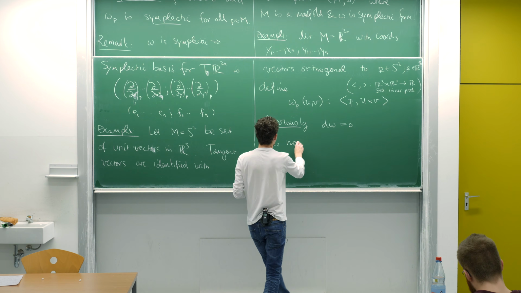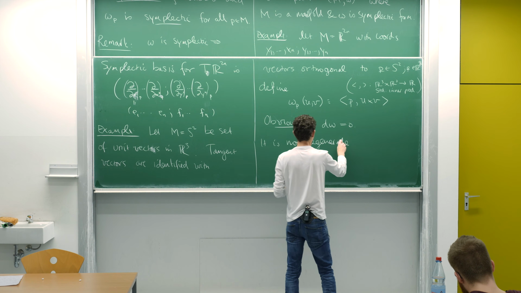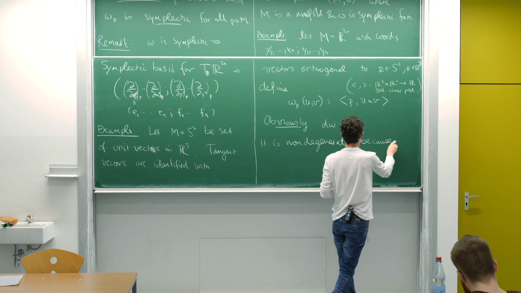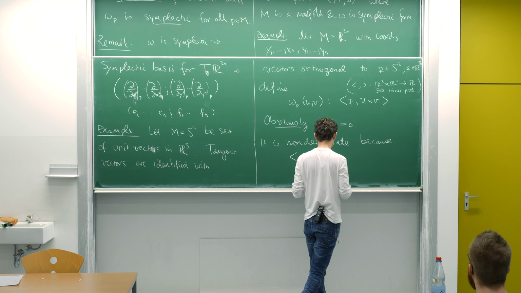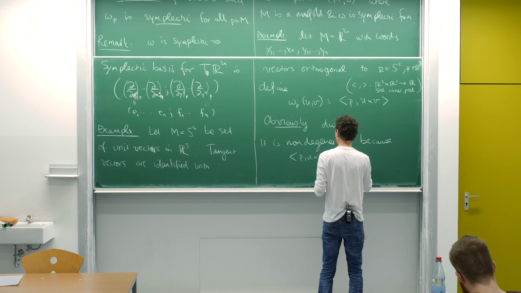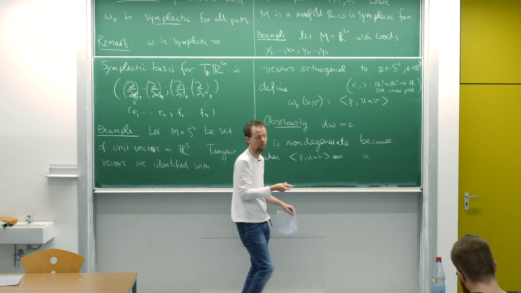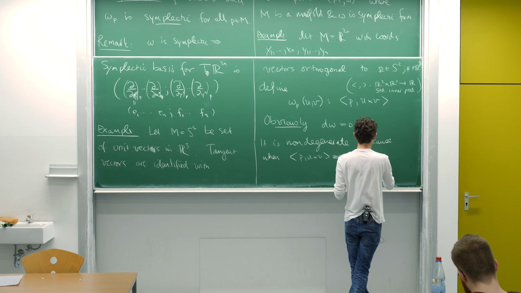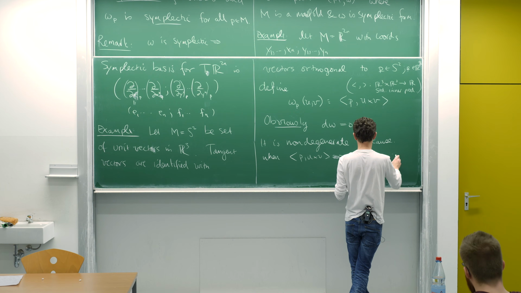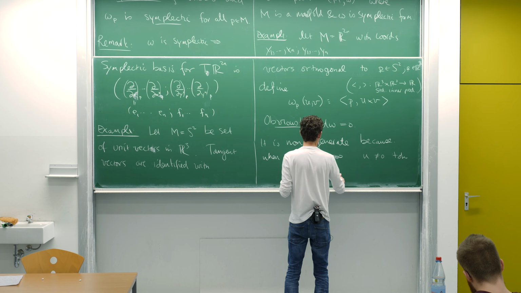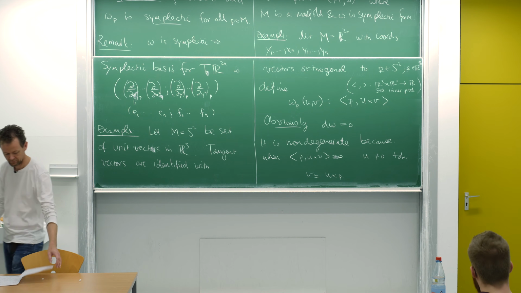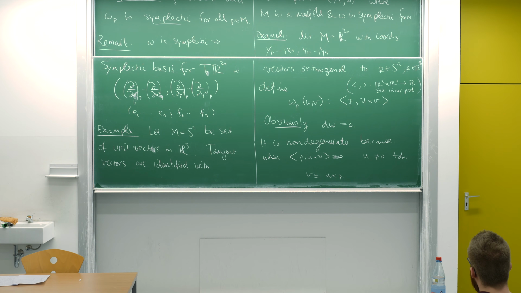And it is non-degenerate because if omega_p(U, V) equals 0 for U cross V, and U is not equal to 0, then just take V to be U cross P. I got that right.